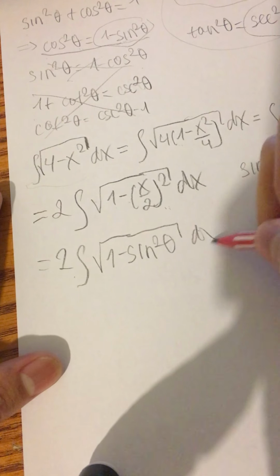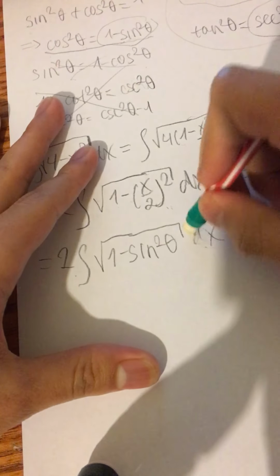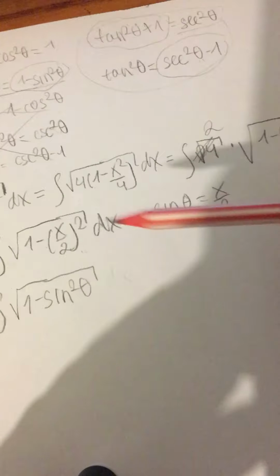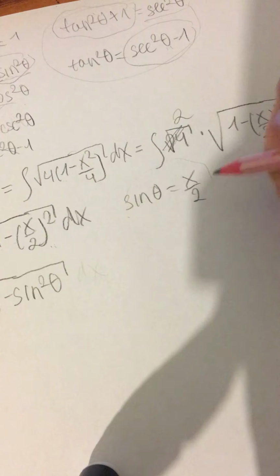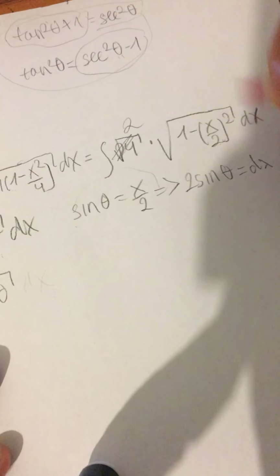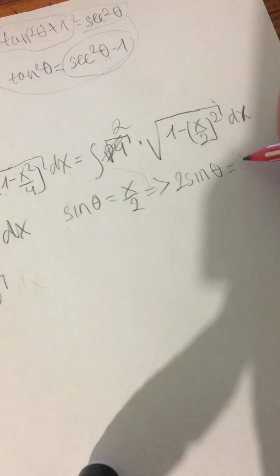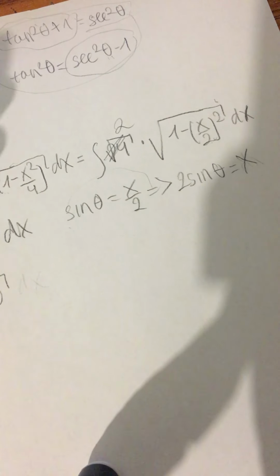But now we have the dx over here, we need to turn it into a d theta. So this is basically just U substitution right now. So if I differentiate this equation, actually let me first multiply by 2. So I get 2 sine theta equals x.